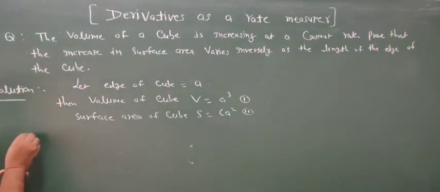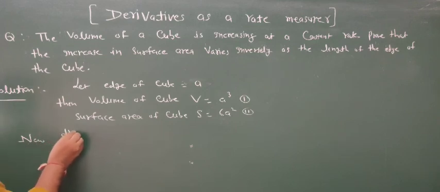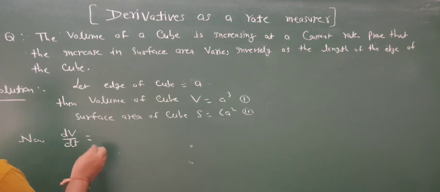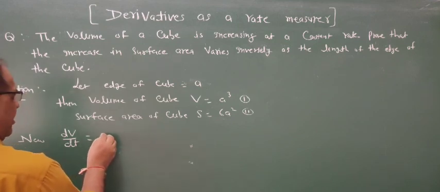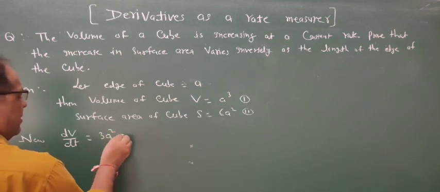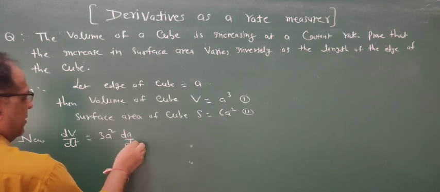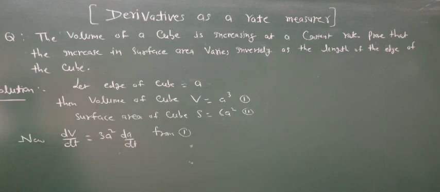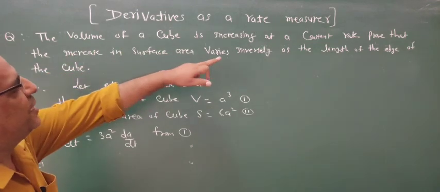Now dV over dt, rate of change in volume, is 3a square dA over dt, from equation first. The volume of a cube is increasing at a constant rate.